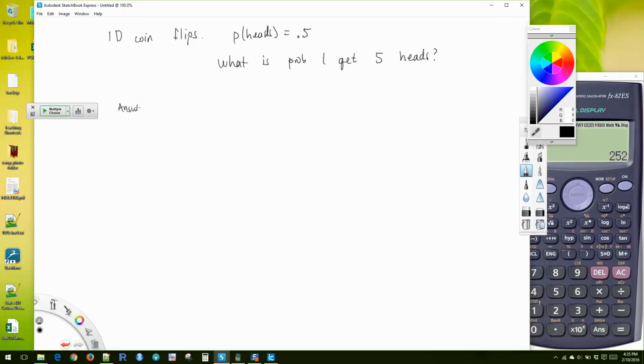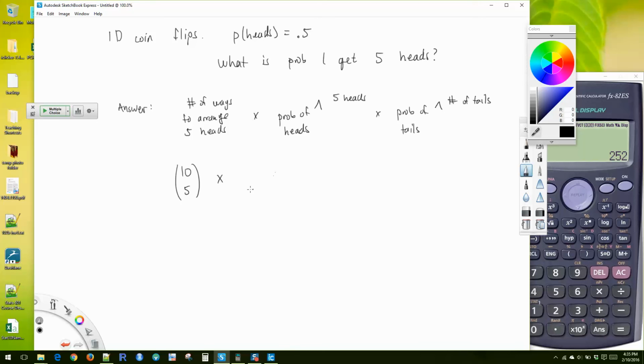So our answer is going to be the number of ways to arrange 5 heads times the probability of heads raised to 5 heads, times the probability of tails raised to the number of tails. So this is going to be 10 choose 5 times the probability of heads, 0.5, and I want 5 of them. What's the probability of getting tails? Also 0.5, or 1 minus 0.5. And how many tails do I need? I will also need 5 tails.